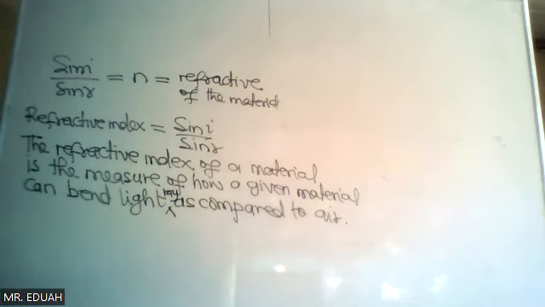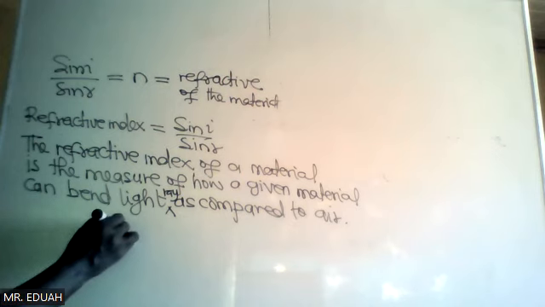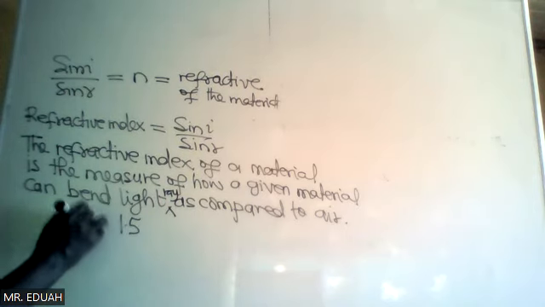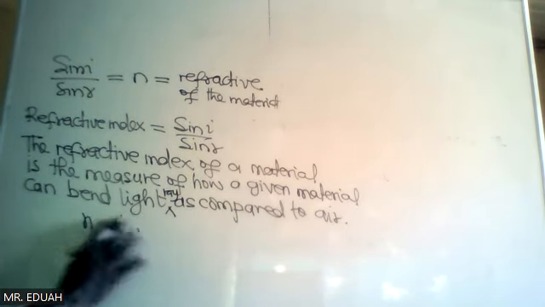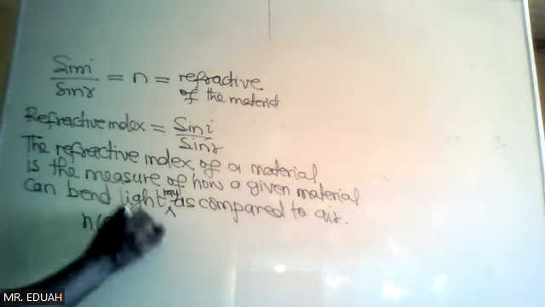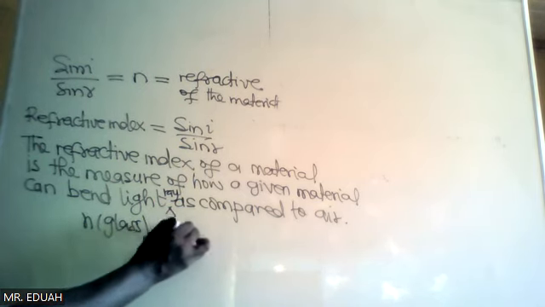Yes. So we say that glass has a refractive index of 1.5, absolute refractive index. The refractive index of glass, N of glass, is equal to 1.5.